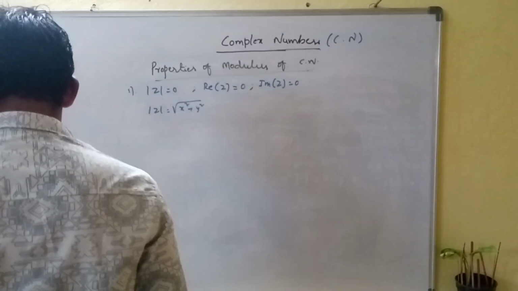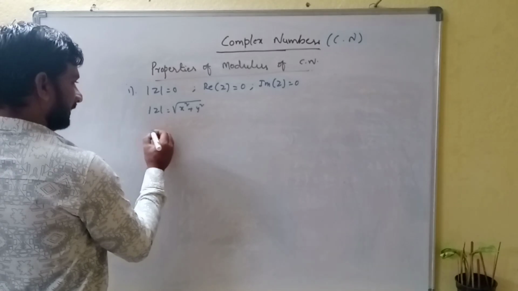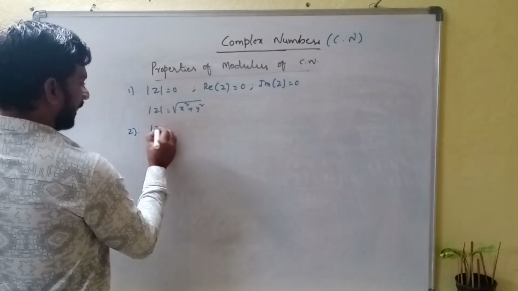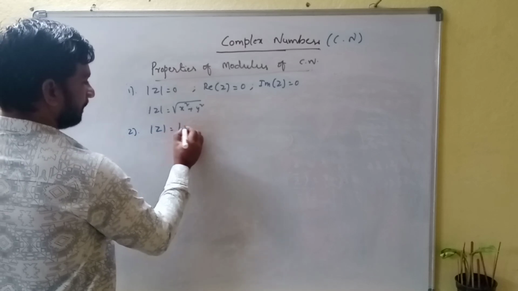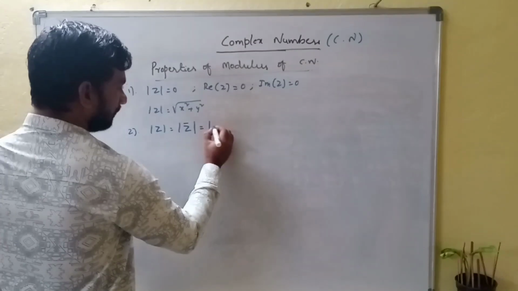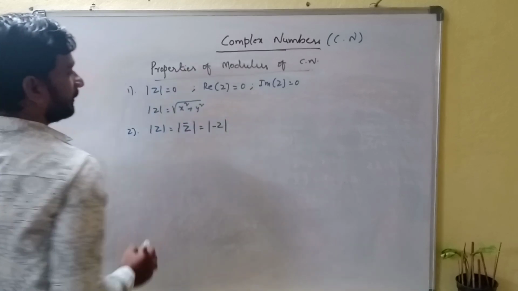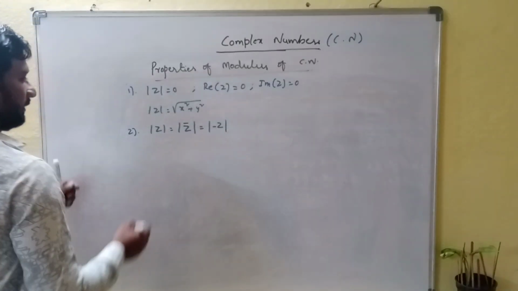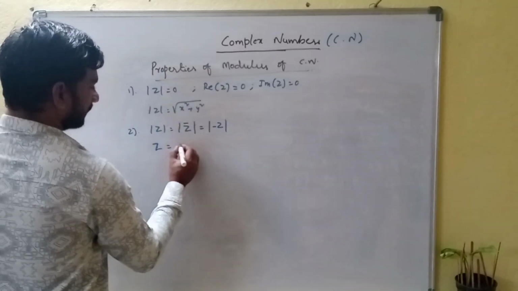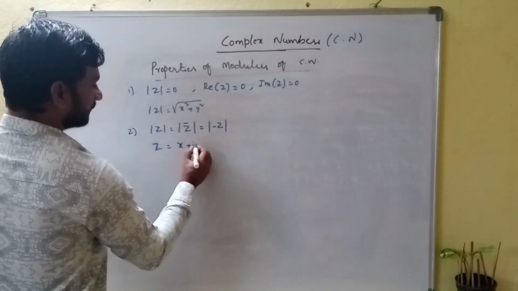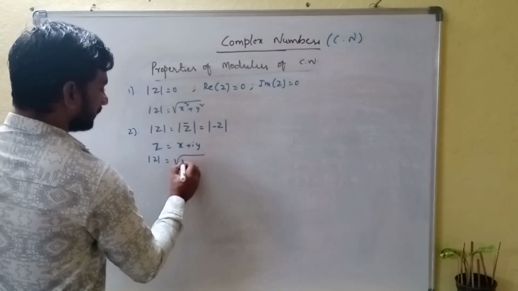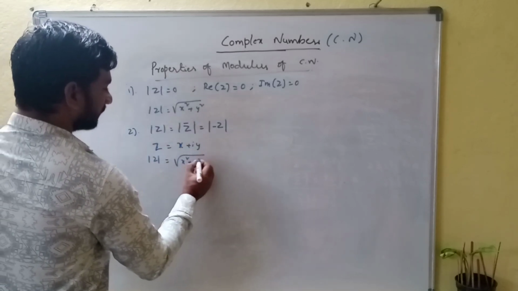The second property is mod z equals mod z bar, and also mod of minus z. How can we prove this? Let z equal x plus iy. Now mod z equals under root x square plus y square.